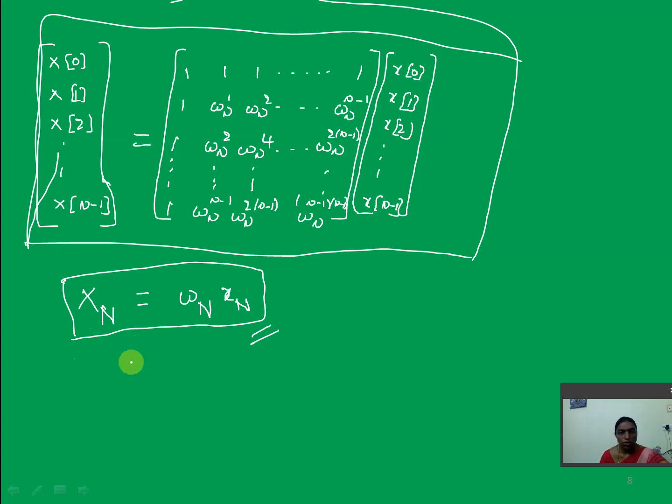So this is nothing but the DFT as a linear transformation. This is said to be the linear transformation matrix, with size N by N. Okay, thank you.